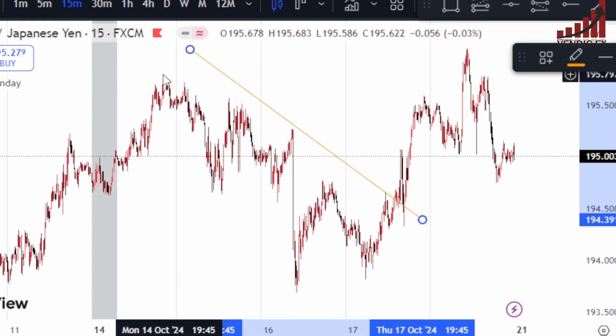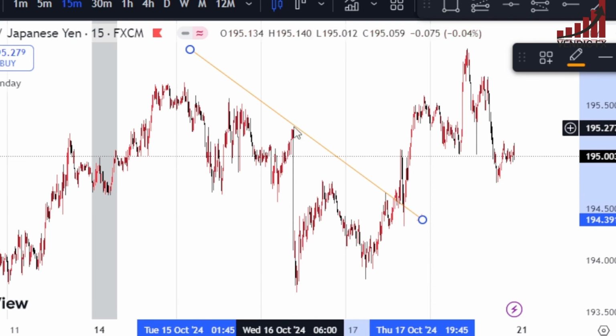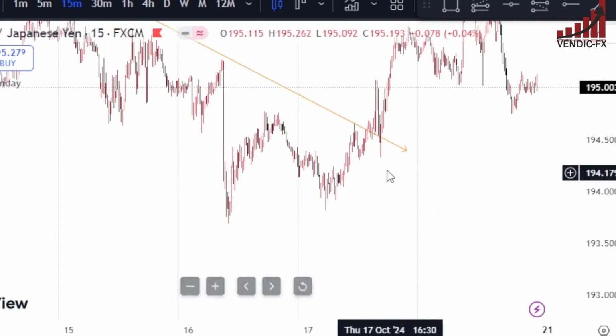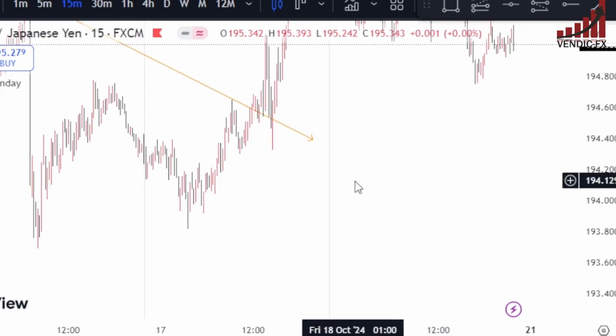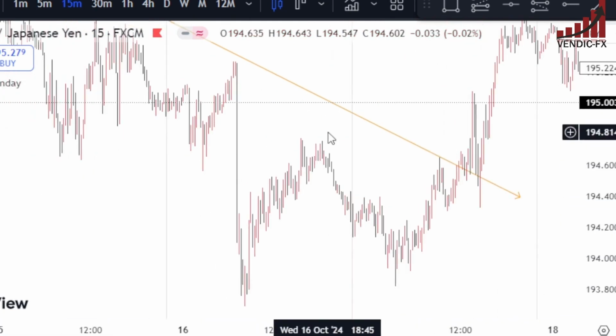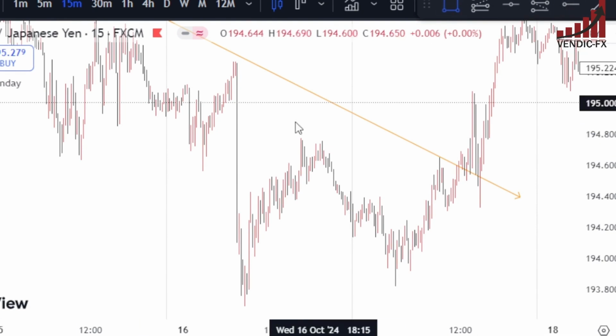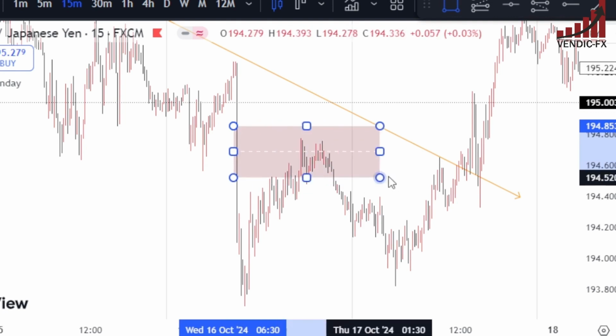So we have a lower low, a lower high, a lower low. We are very sure that we have to create another lower high from here, because let's say we are trading off this particular fair value gap.